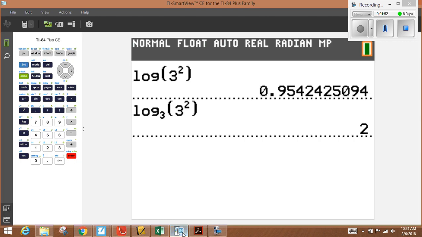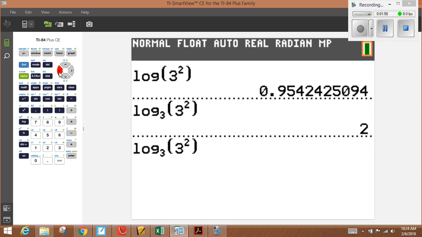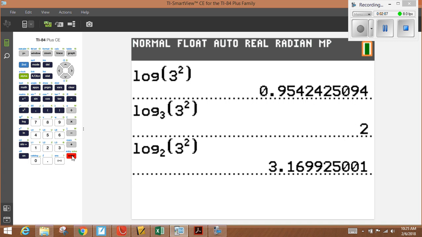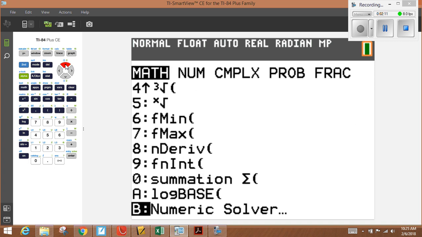We're again going to use our log base function, or you can go up and hit enter and it copies it down. And then you can go in here and change this. So you're allowed to just change that to a 2 and hit enter. Or you can use your log base function again by hitting math and going down or up, whatever gets you there faster. It's a log base.